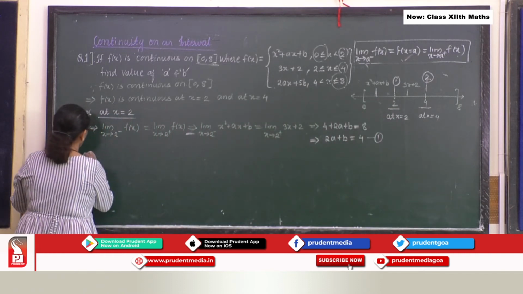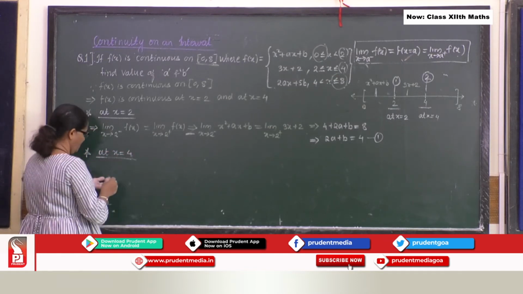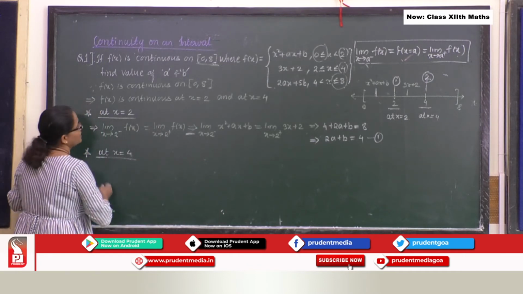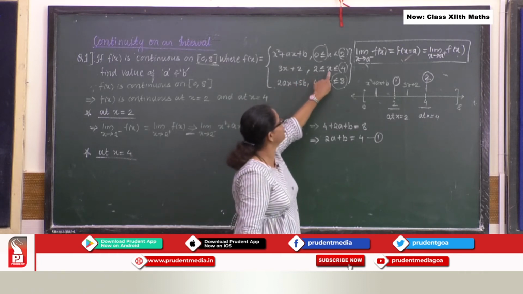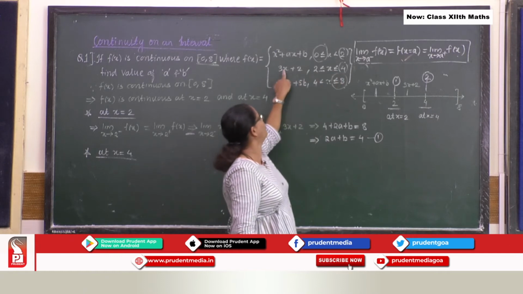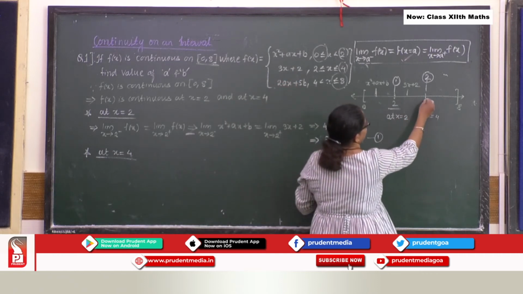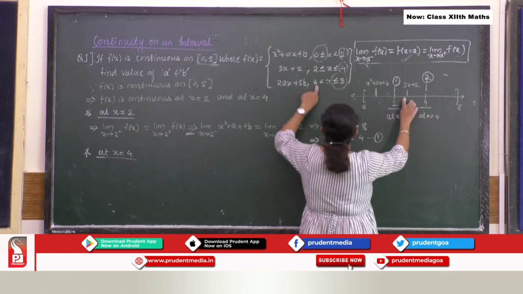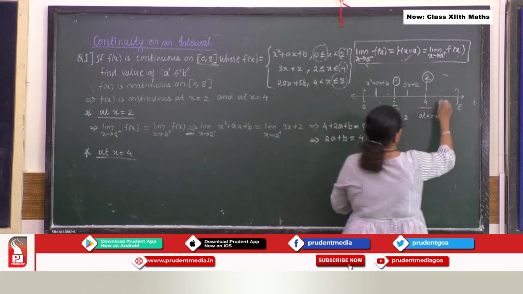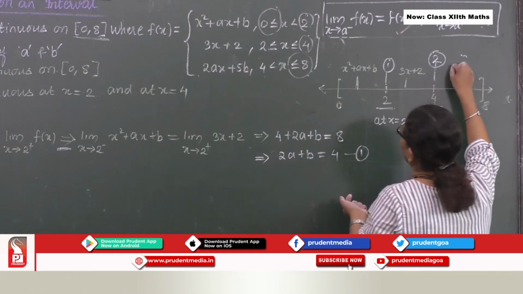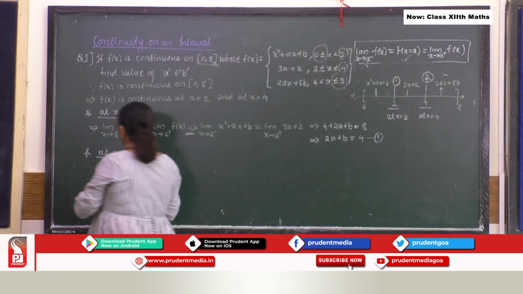Let me proceed further for the second. So I say at x equal to 4. Now look at this: at x equal to 4, for all values less than and equal to 4, the definition I am considering is 3x plus 2. And for all values greater than 4, the definition I am considering is 2ax plus 5b. So let's proceed with the same note.